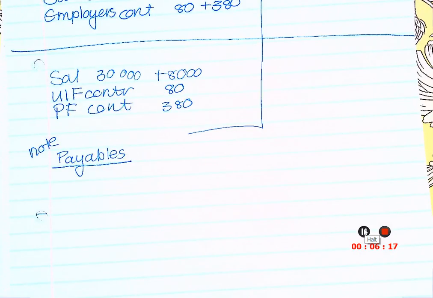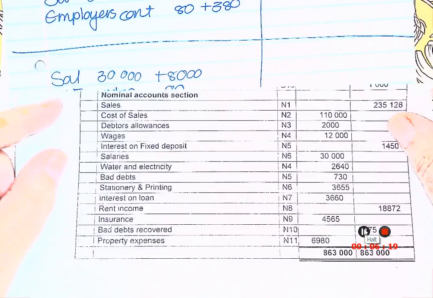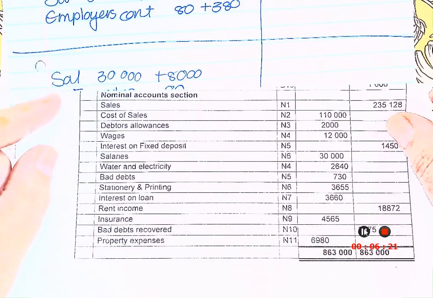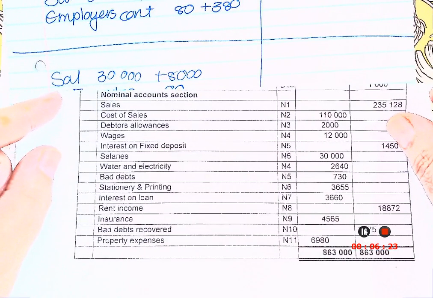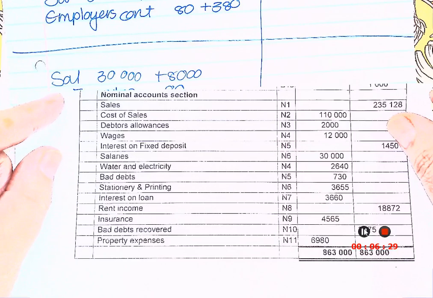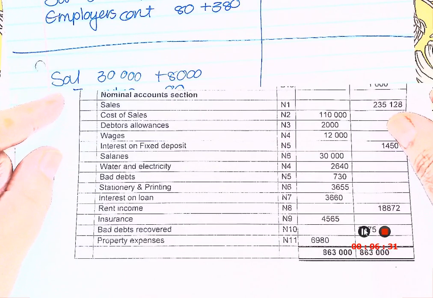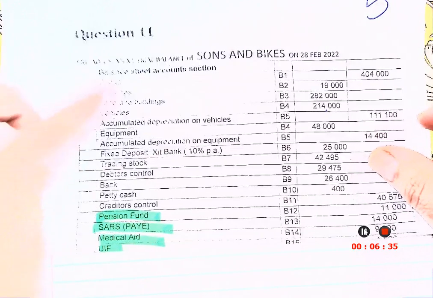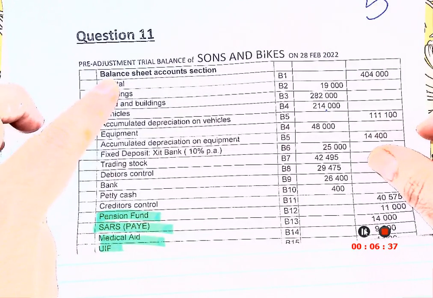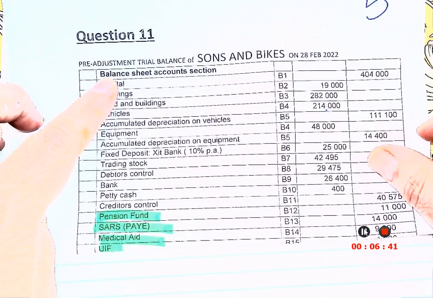Now remember, I'm busy with the income statement. So income statement only works with nominal. Do I see pension fund contribution? Do I see UIF contribution? So am I going to put it in? Can you see the ones you are talking about? Where is it? It's in the balance sheet section. So it's going to go to the balance sheet.